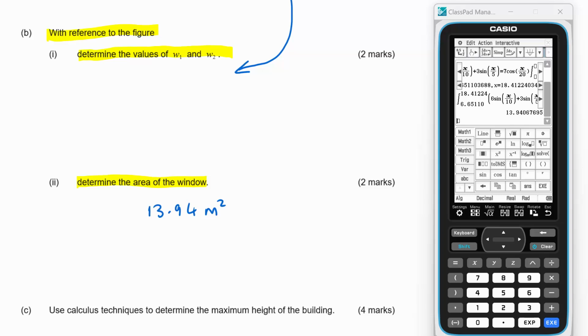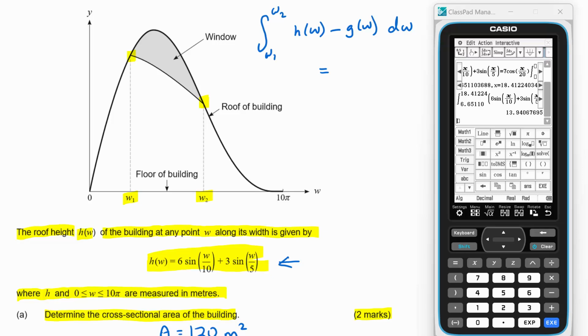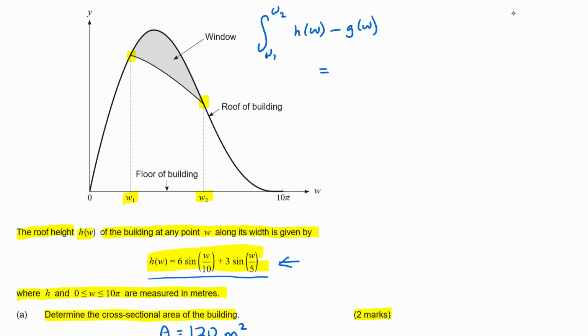Now for the final part of the question, use calculus techniques to determine the maximum height of the building. So we know this is our function. So I'll just work in the space up here so we can see everything nicely. So h dash of w is going to be, so sine differentiates to cos, and don't forget to use the chain rule.